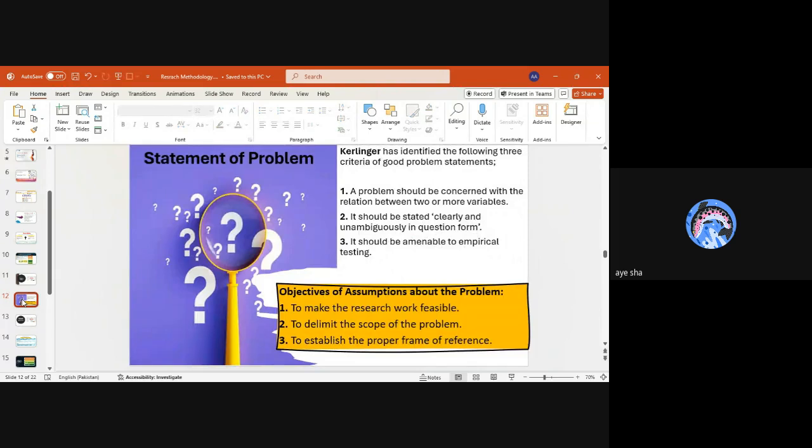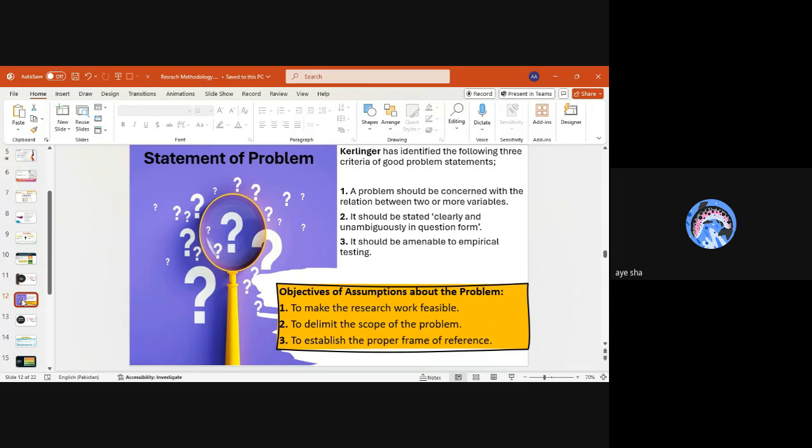Okay, now next is the statement of the problem, or the problem statement. As I already discussed, this is actually the specific issue or the gap in the knowledge the study aims to address. Now, according to many experts, the problem statement should be concerned with the relationship between two or more variables.